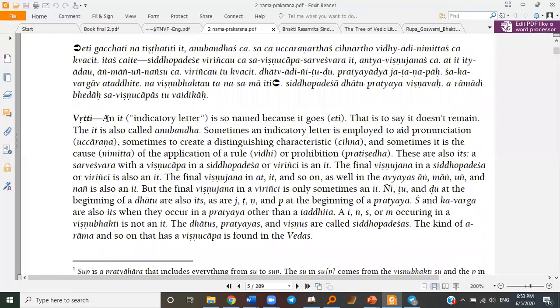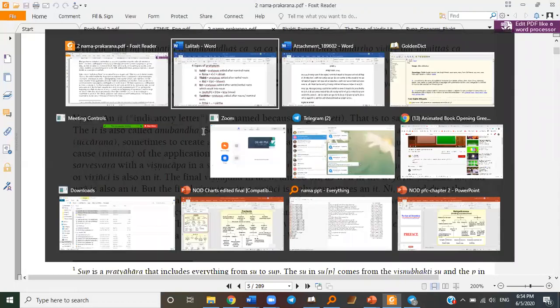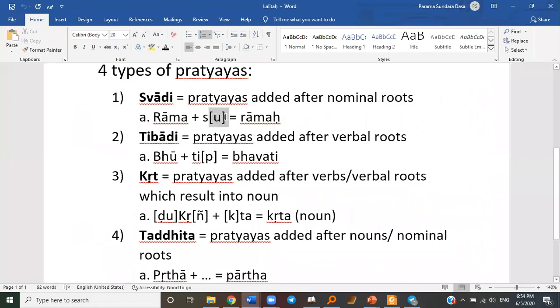We'll read this. An it, an indicatory letter, is so named because it goes. Goes means it gets deleted and it doesn't remain. The it is also called Anubandha. Now, why are these letters used?